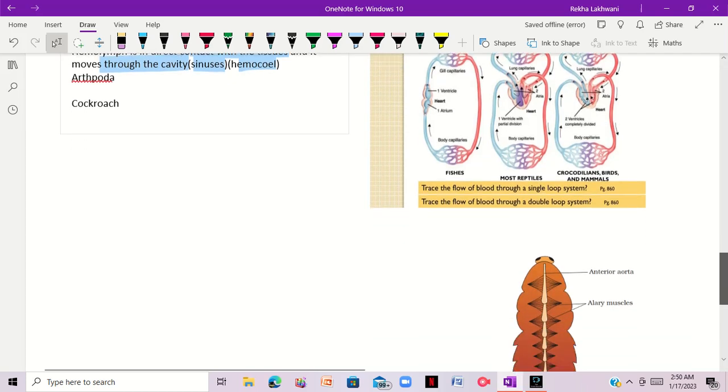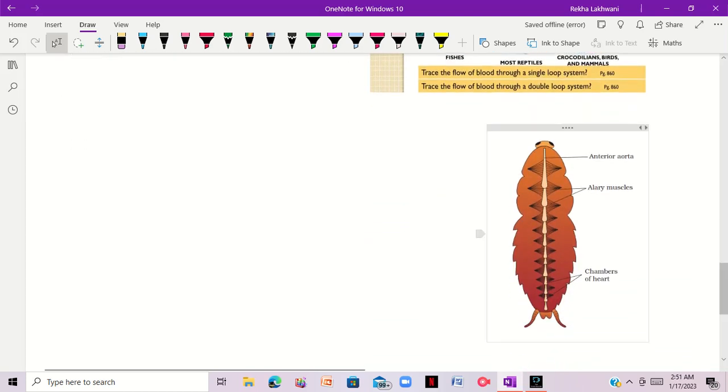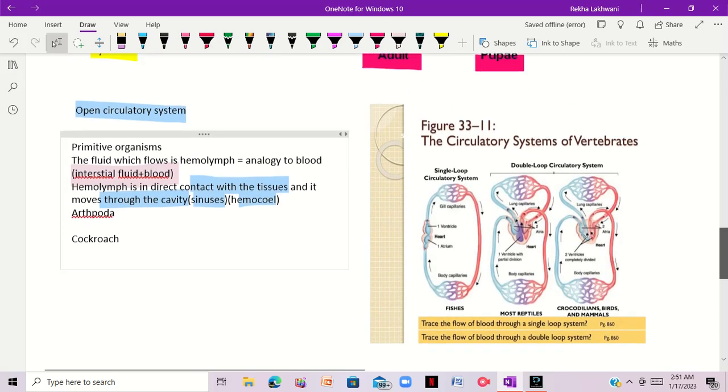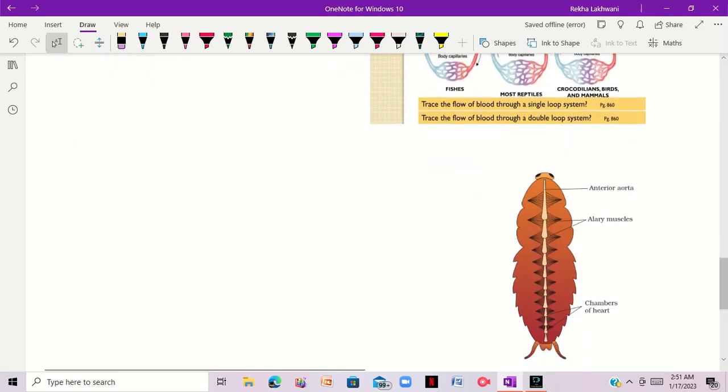Let me draw. As you can see, I have this structure, but it is not very clear, so let me draw the structure. I'm not very good at drawing, but I'll try my best to explain what I mean.